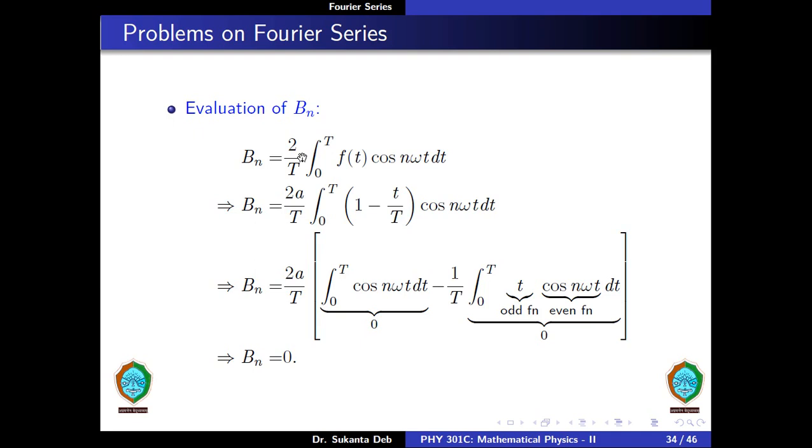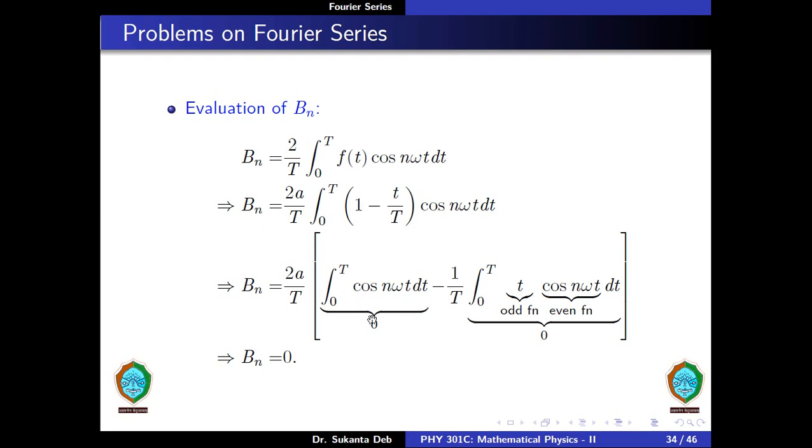Similarly, we evaluate the Fourier coefficient b n. We write down the formula for b n, which is equal to 2 by capital T integral from 0 to capital T f t cos of n omega t dt. Now we substitute the value of f of t here and simplify this expression, and it comes out in two different parts.